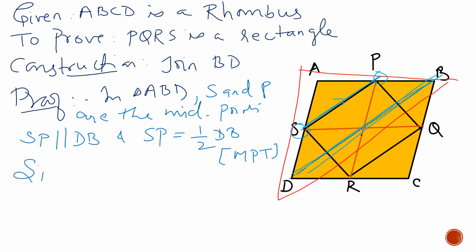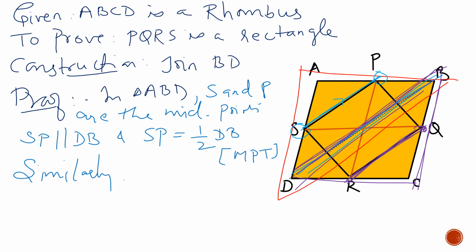Similarly, in the opposite triangle, that is in triangle BCD, since Q is a midpoint and R is a midpoint, when you join QR, it is half of the length BD and parallel to BD. Similarly in triangle CBD, we will apply the same concept of midpoint.